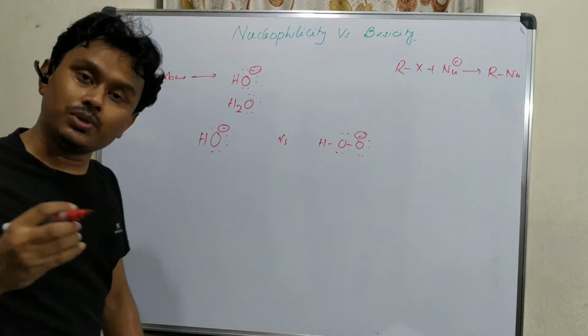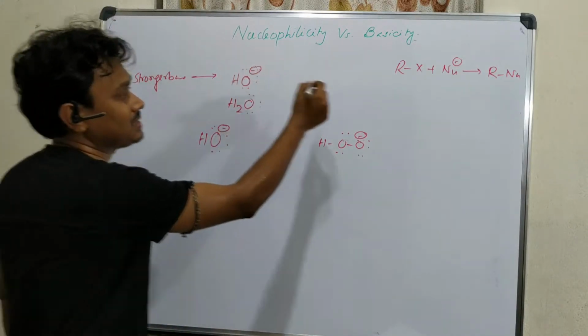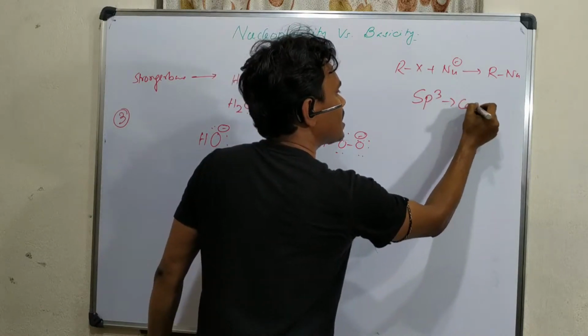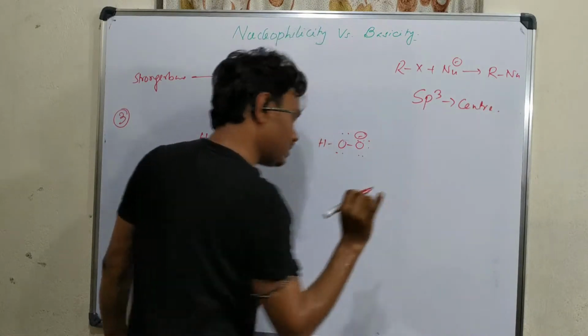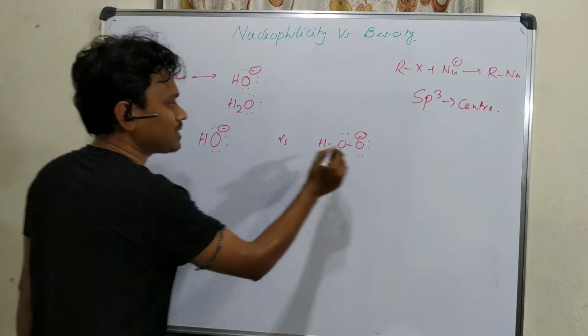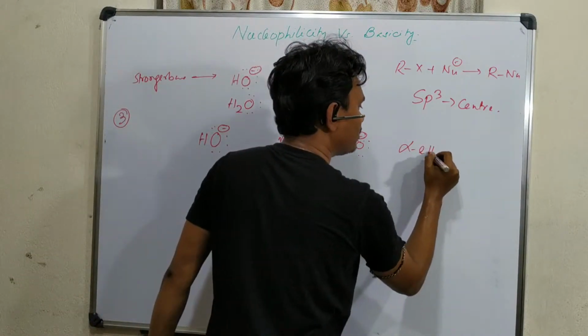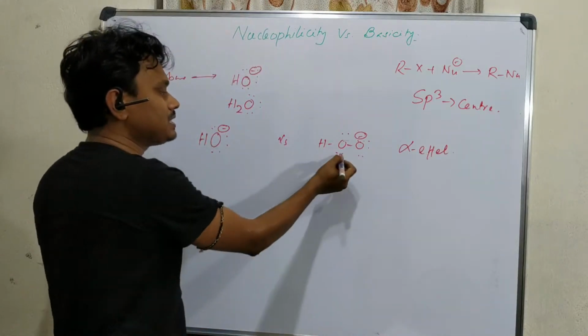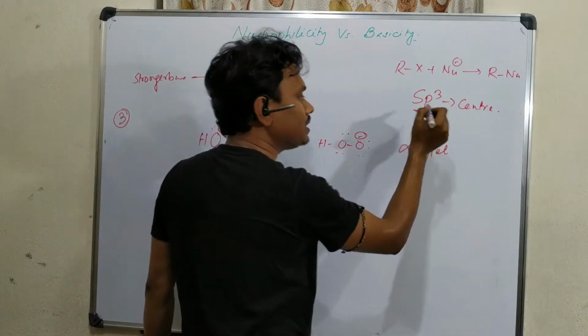Today we are mainly discussing substitution on an sp3 center. And actually the reality is that the effect of this alpha effect on nucleophilic reactivity is less in the case of sp3, more in the case of sp2.